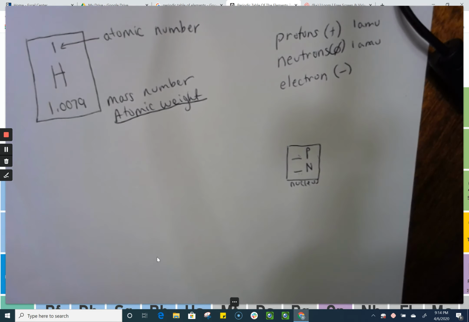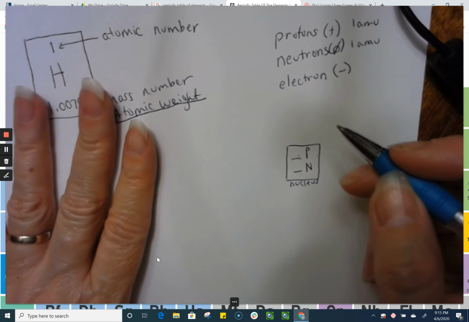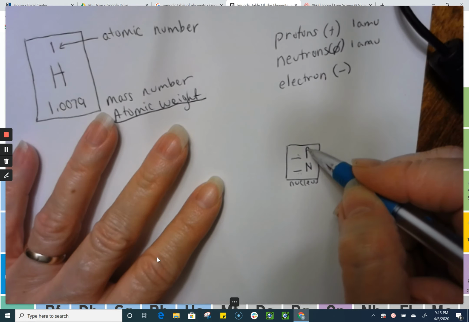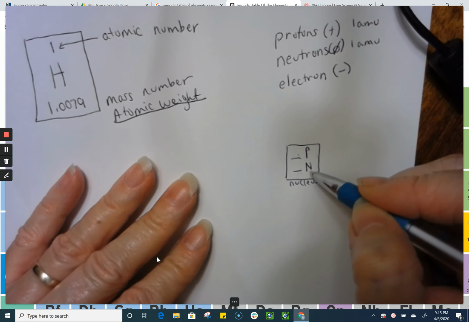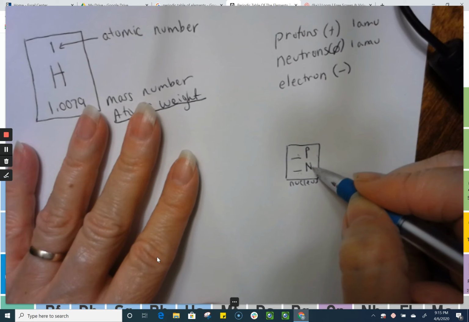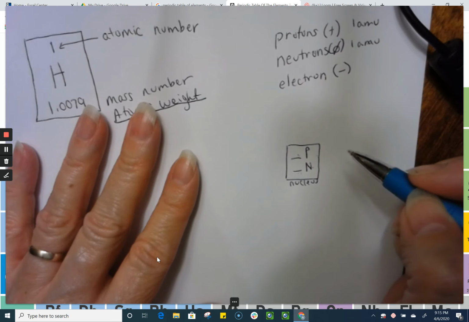It's kind of like if you've ever been to an airport and you see that they're having trouble getting the planes to land, they'll stack them up in the atmosphere. And that's kind of what electrons do. They're kind of hovering around the nucleus. They're kind of like little moons going around the nucleus of an atom. So these numbers here will help you figure out how many protons and neutrons are in each atom and how many electrons are there.